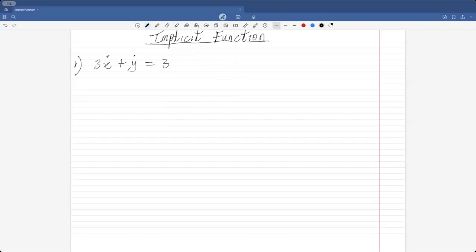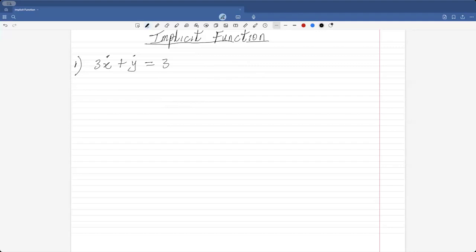So the difference between explicit function and implicit function is that an explicit function has to do with one variable, which is x. But the implicit function is a mixture of two variables, which can be x and any other variable. This time we have y. So how can we find the derivative of this function?